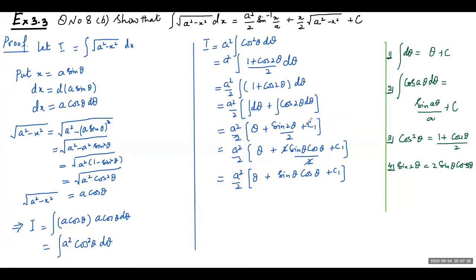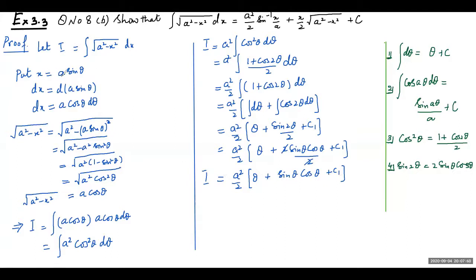And now use the formula sine 2 theta equals 2 sine theta cos theta. It will become 2 sine theta cos theta by 2. This 2 got cancelled and we have the result, integral I equals a square by 2 into theta plus sine theta cos theta, plus c1.